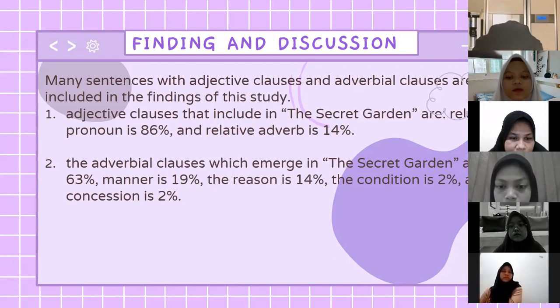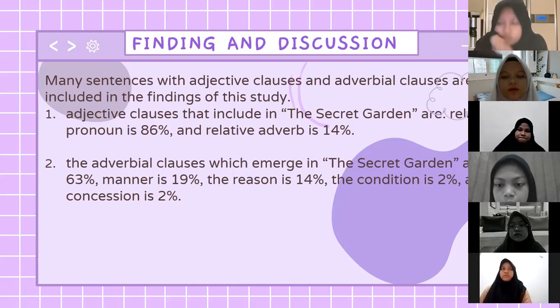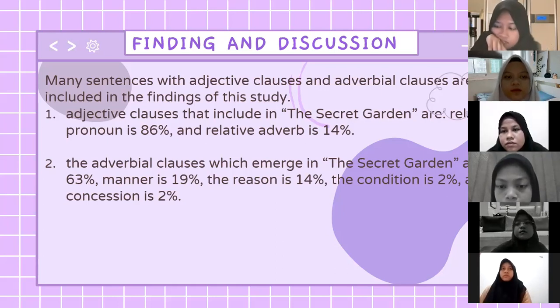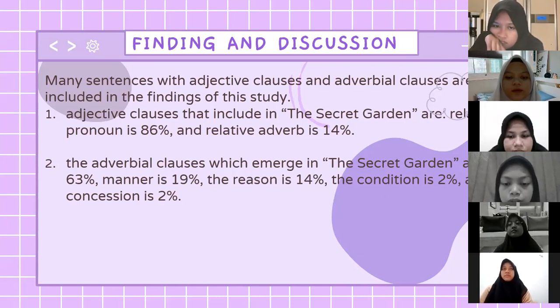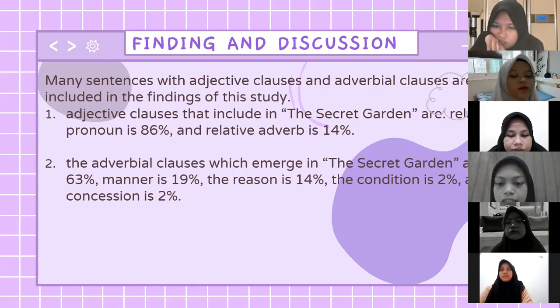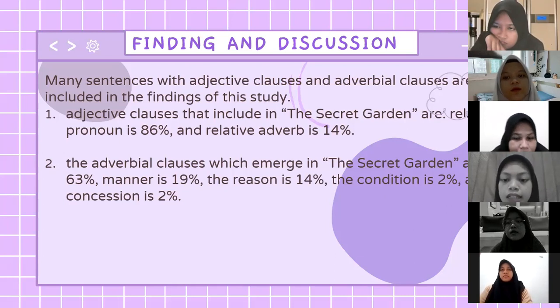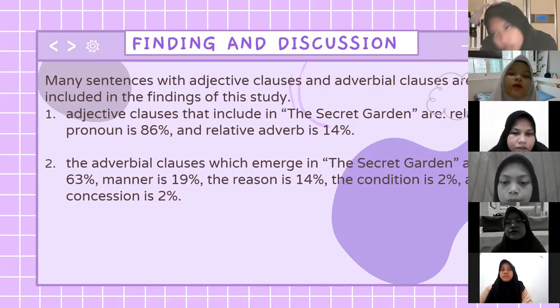The second, the adverbial clause of manner. In most cases, the adverbial clause appears when the author informs the reader that a character is doing something while doing something else. The third is the adverbial clause of reason, which accounts for 14% of the overall. This occurs when the author presents a story about a character explaining why something happens in the novel.